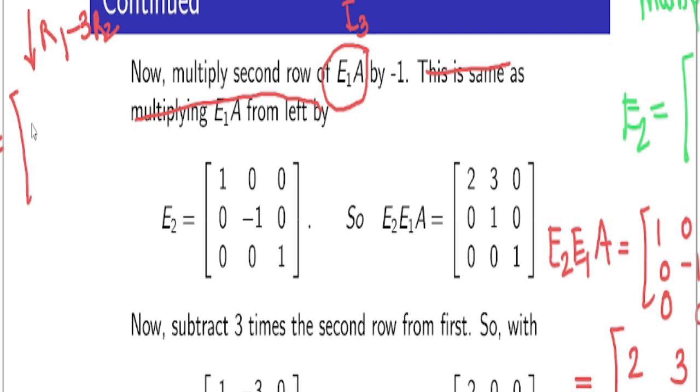Second row first column is 0. Second row second column is 1, and the rest is 0.